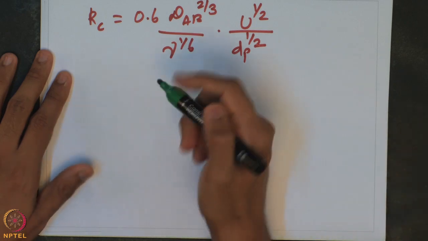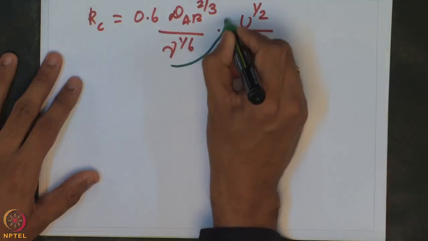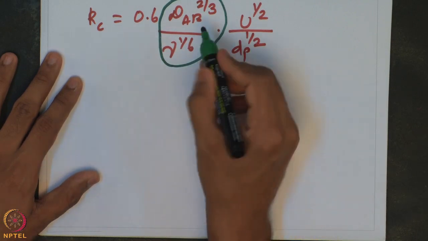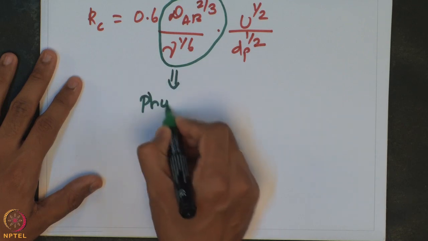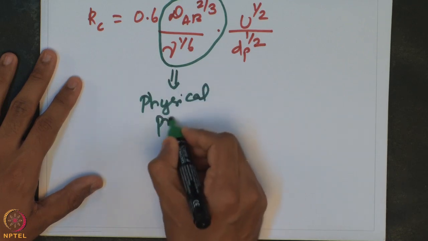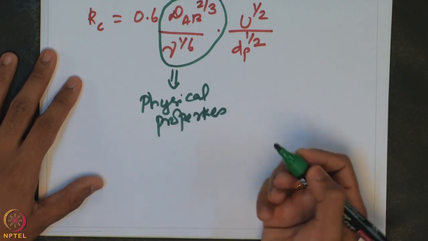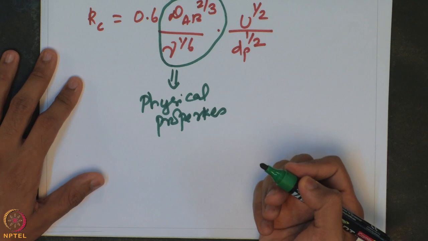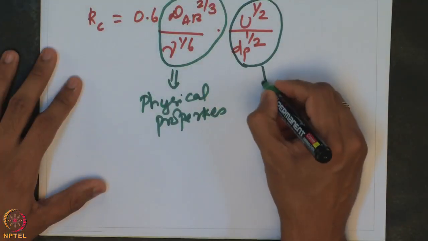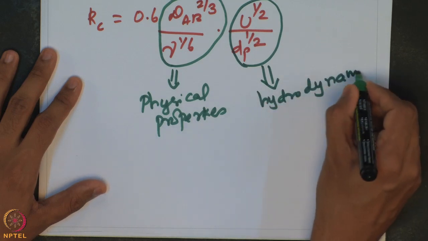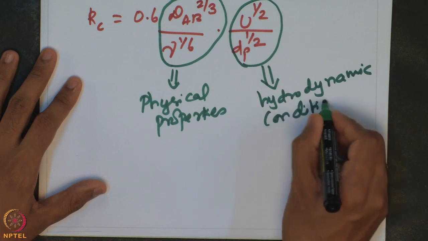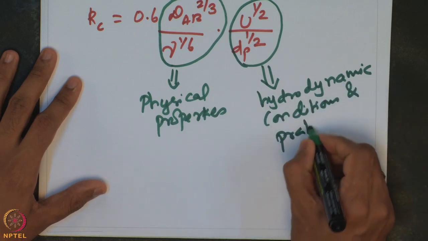What is interesting in this expression is that the first term, D_AB to the power of 2 by 3 over nu to the power of 1 by 6, captures the physical properties of the species and the fluid carrying the species, the diffusivity of the species and the kinematic viscosity. And the second term captures the hydrodynamic conditions and the particle diameter.